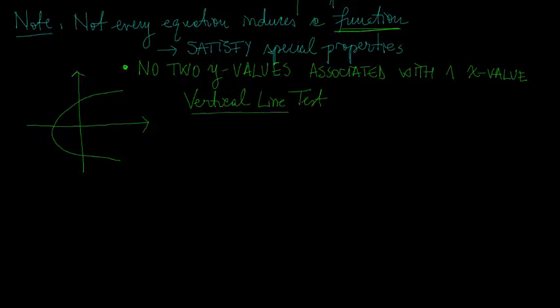We're going to see in a minute that this vertical line test is simply a restatement, using the graph, of the definition of a function. So let me first state the vertical line test.